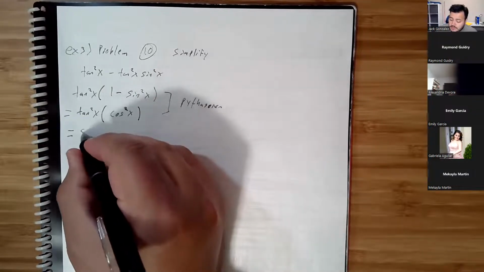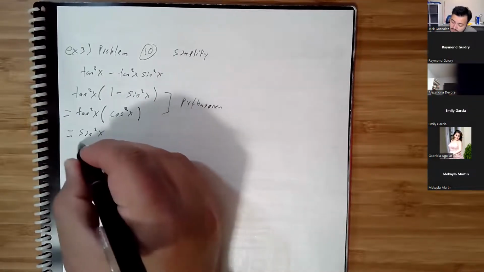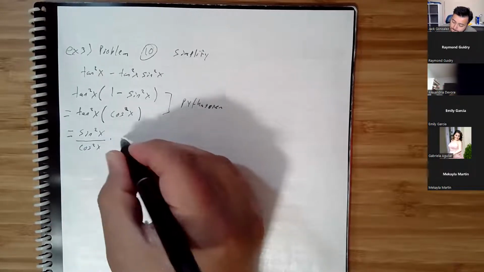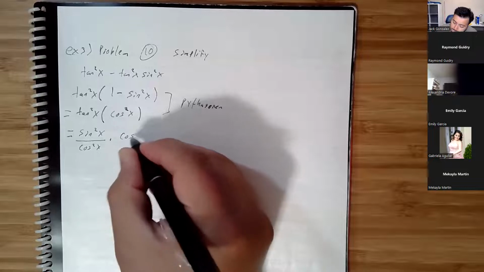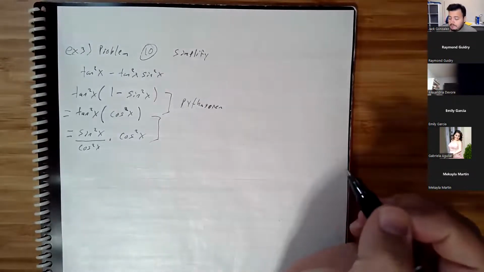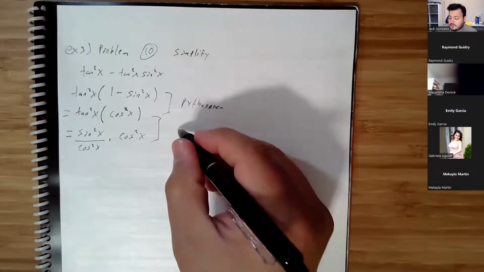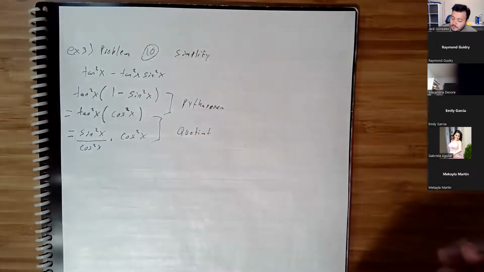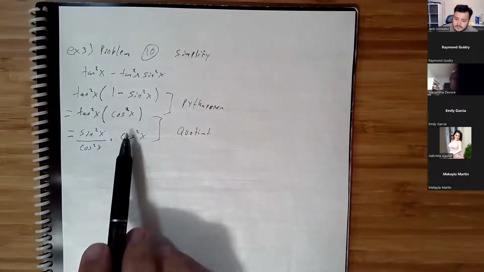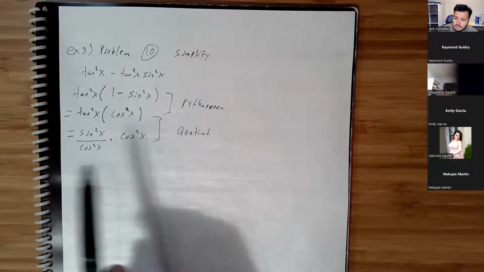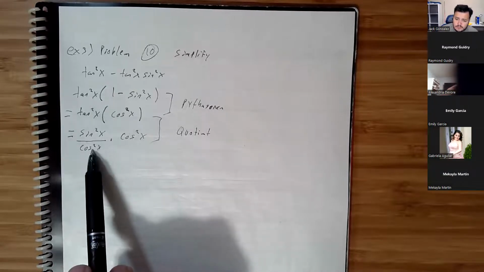So we should change this and see if that helps us. So that was quotient. Now, is it obvious that these will cancel? You see how once we change it, it becomes a little more clear.